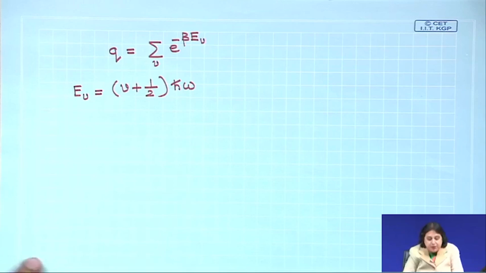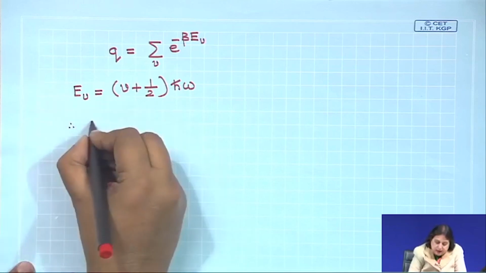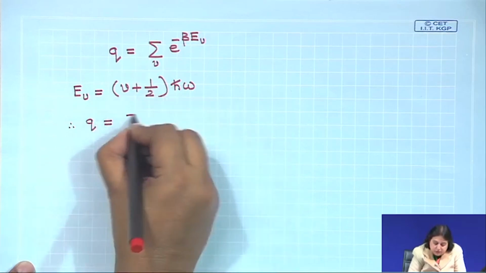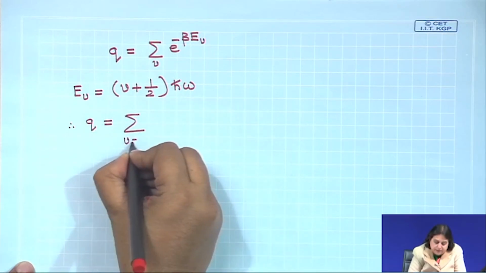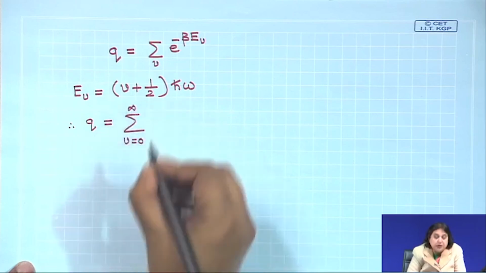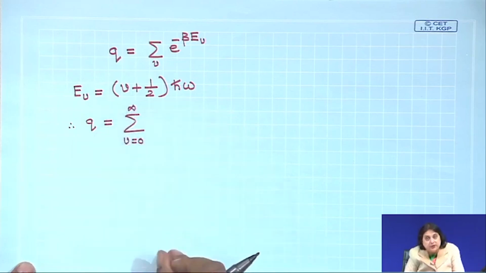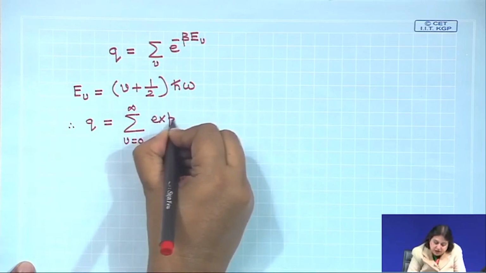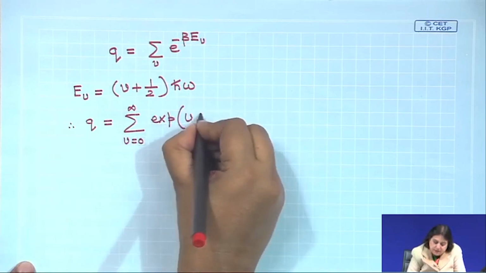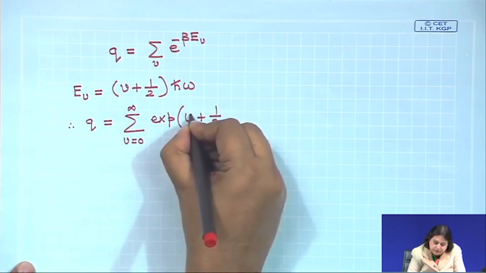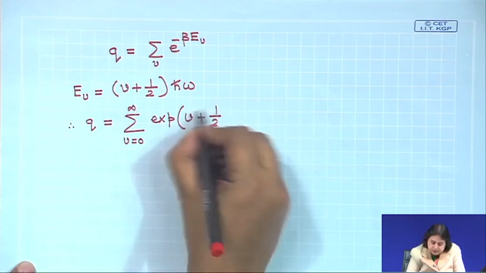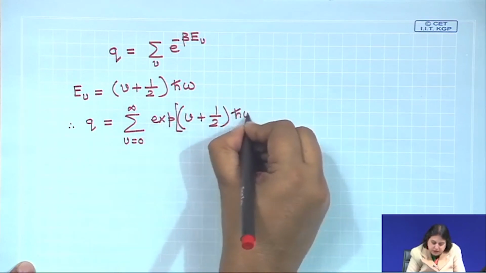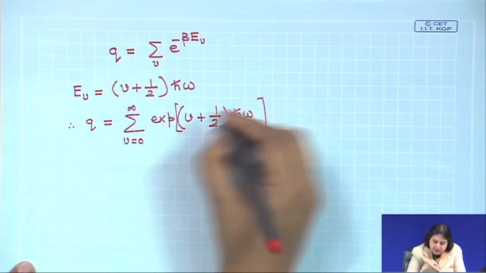So, I can directly put it in there. So, I will say that q is equal to summation over v going from 0 to infinity, because those are the allowed values of the vibrational quantum number, then exponential of minus (v plus half) h cross omega multiplied by beta.